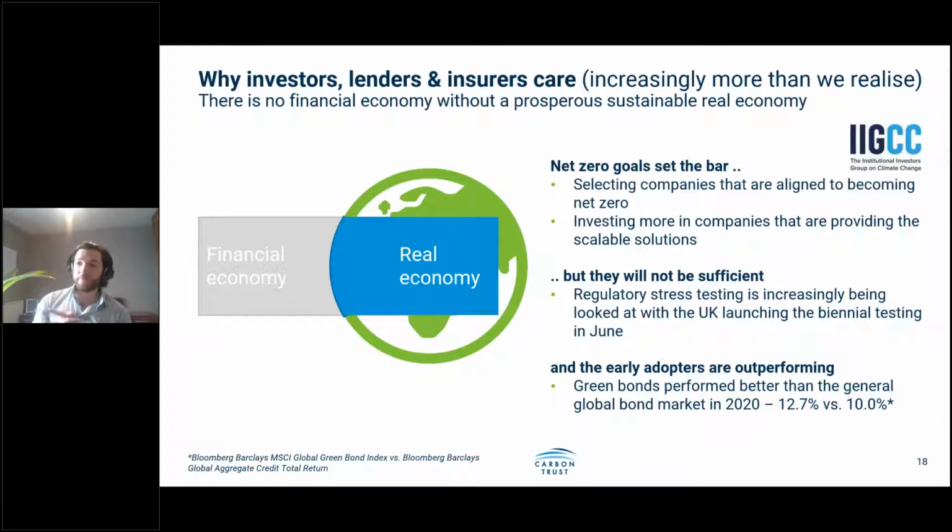And also, what we're seeing is the early adopters, those companies that understand the opportunities, but also want to decarbonize and de-risk effectively. There's really a clear program of creating and capitalizing on the opportunities. And particularly, we've seen some really positive trends in the decoupling of green bonds from the broader bond market in 2020.